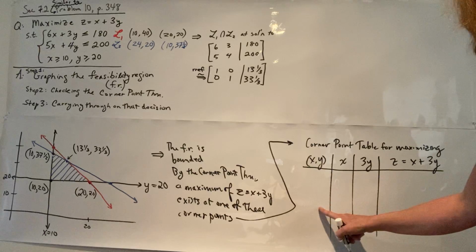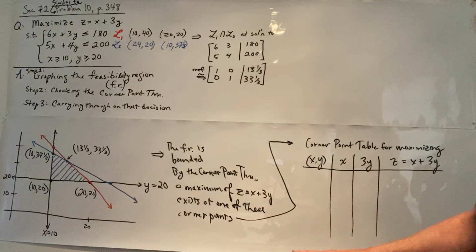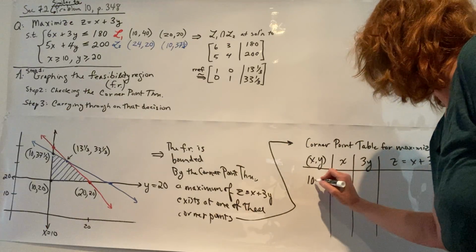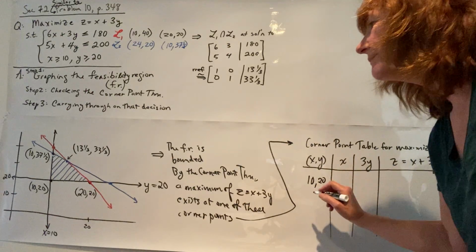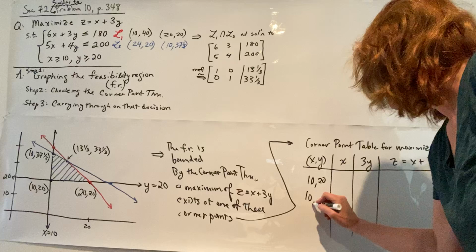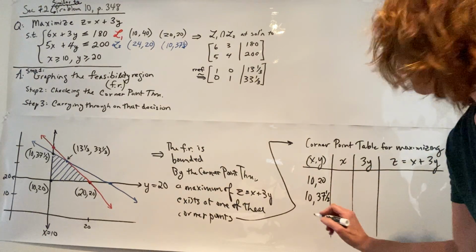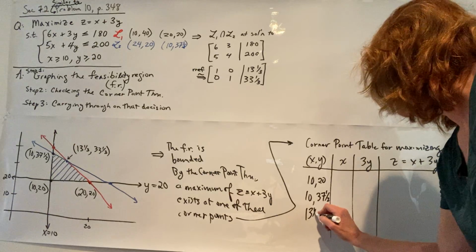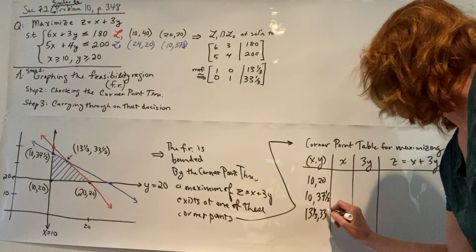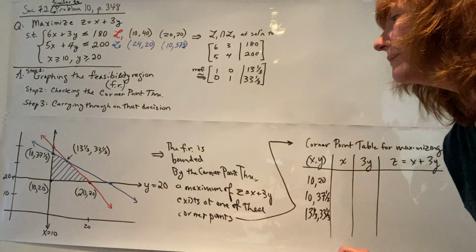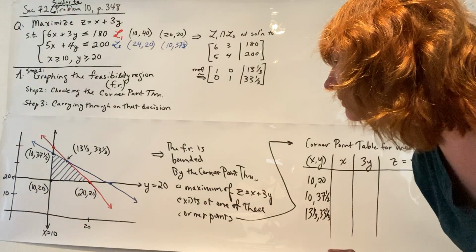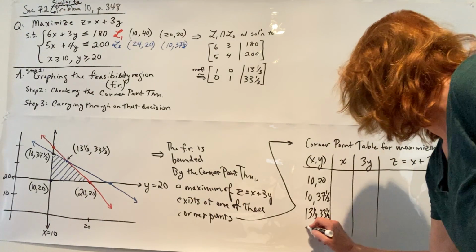So here we're going to list the corner points, which are 10, 20, 10, 37 1/2, 13 1/3, 33 1/3, and 20, 20.